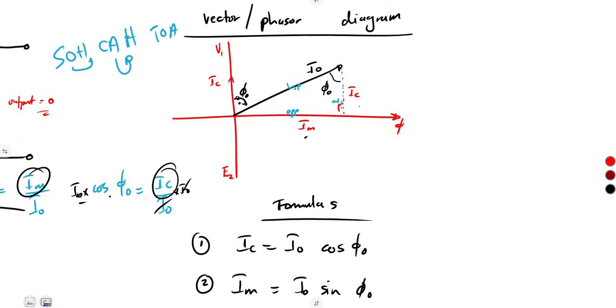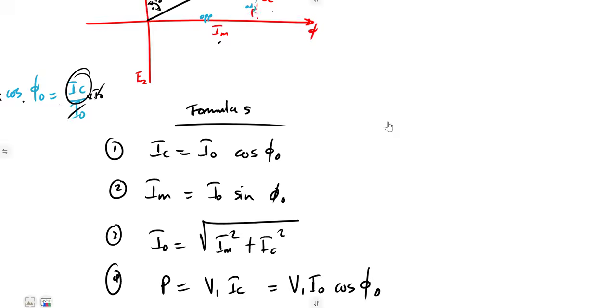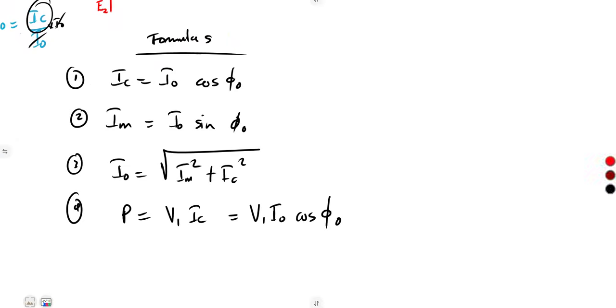This is the basic of what you're going to need. So I have already talked about this. IO represents the no load current, which is drawn from the supply. Then IM, we talked about this, is the magnetizing component.